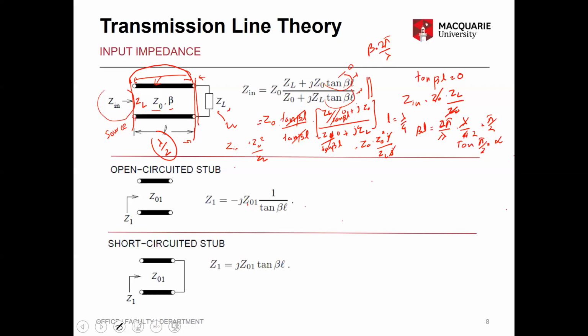Now assume this end is Z load, and this end is open. If it's open, the impedance at an open interface is infinite, right? So now if I rearrange this, Z in, Z load, I'm just rewriting the equation.